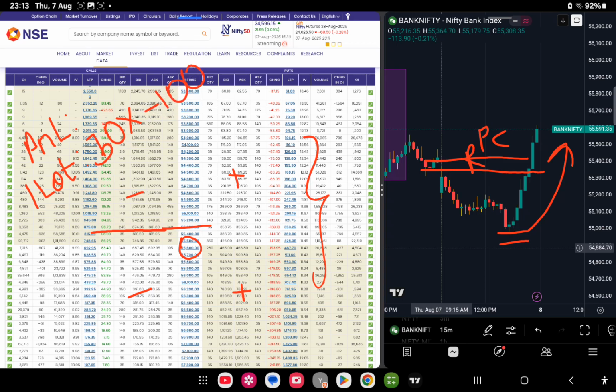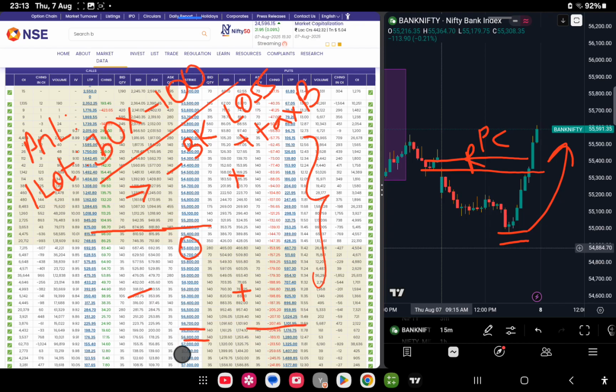Now it's a minus 3k loss, plus add tax and brokerage, because for loss or profit you have to pay the tax in both cases. So for profitable trades you can calculate all these strikes.